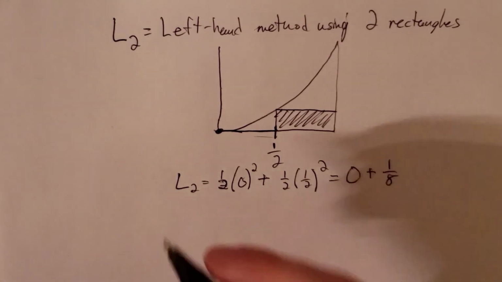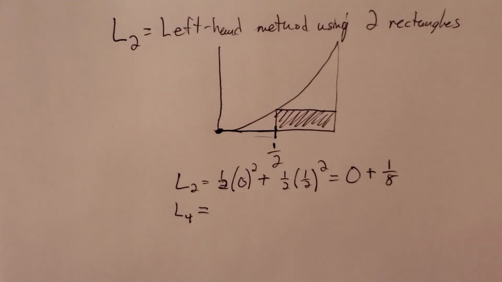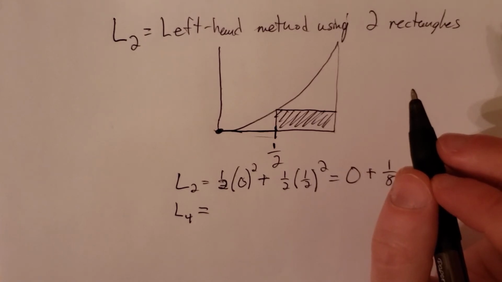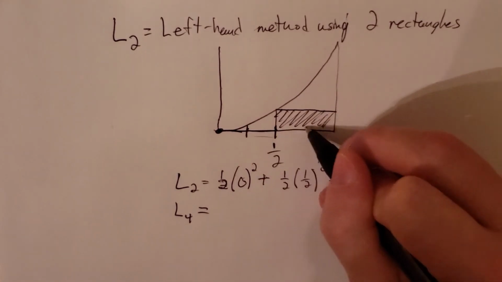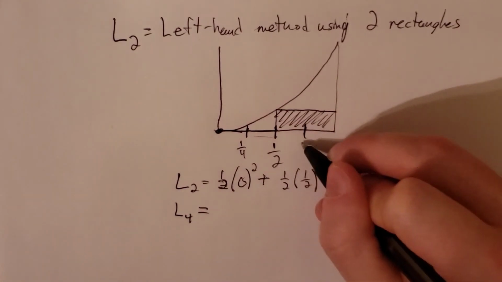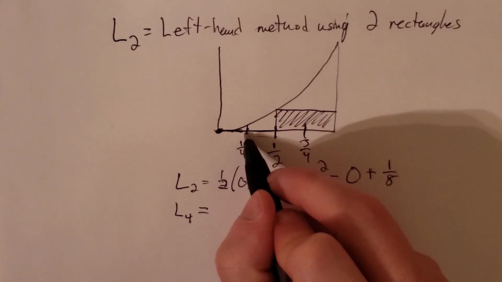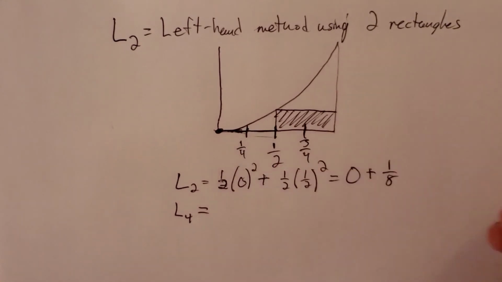But what can we do? Let's calculate L4 now. Let's put in more rectangles. So how do we do that? Well, let's break this up into more intervals now. Our first interval here, using the left-hand method, will have, again, a height of 0 and a width of 1/4.